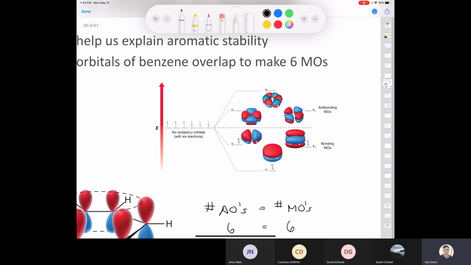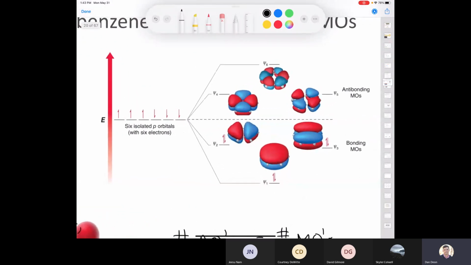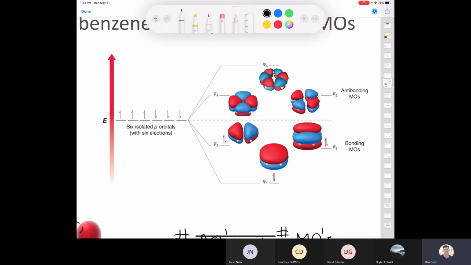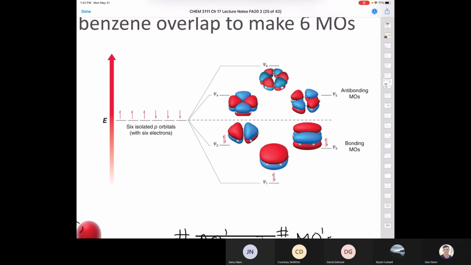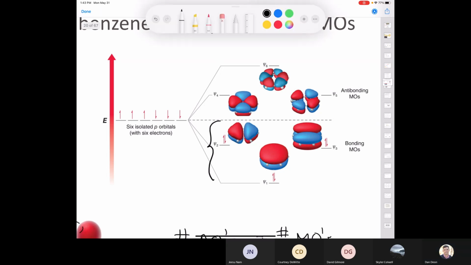Now, to write down all of the 6 molecular orbitals involves quite complex mathematics, which we don't really concern ourselves with in Chemistry 3101. But when you see those 6 molecular orbitals arranged in terms of their relative energies, we end up with something like what is shown here, where we have 3 bonding molecular orbitals and 3 anti-bonding molecular orbitals.